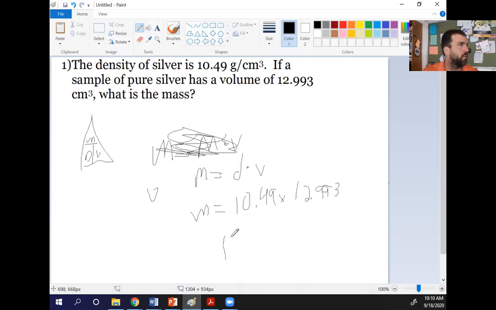I need 4 significant figures. 136.3, 29, isn't it? So it would round up to 136.3. And my units there would be what? Well, that's a volume, so centimeters cubed divided by centimeters cubed cancel out, so it would be grams.